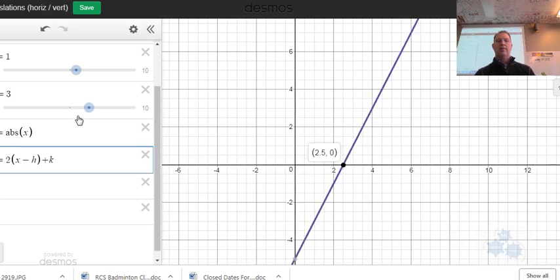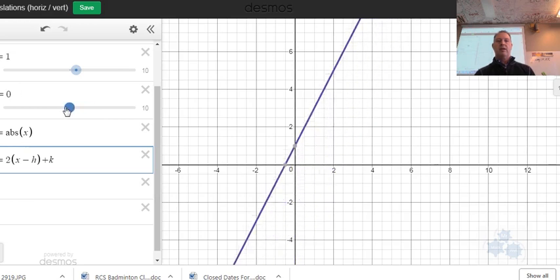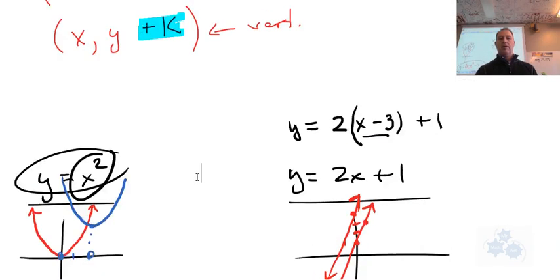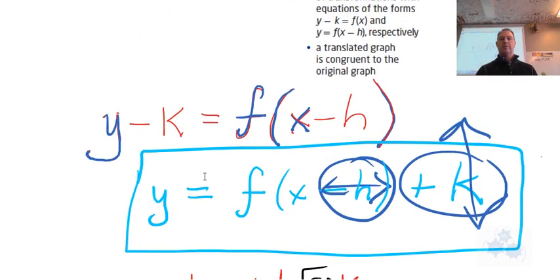Okay, 2.5. And if this was 0 again, this is negative 0.5. Okay. Any questions there? Okay. Exploration with vertical and horizontal translations.